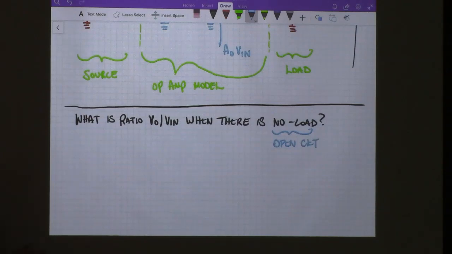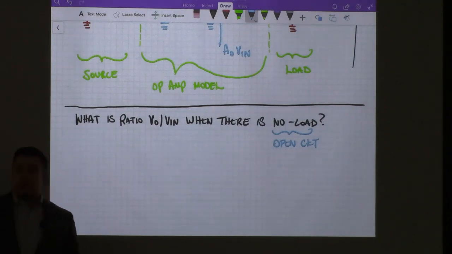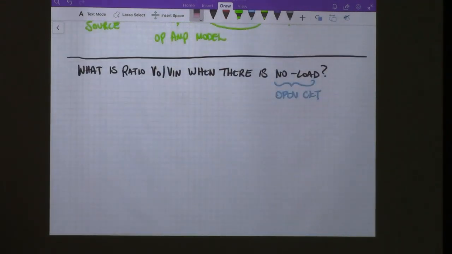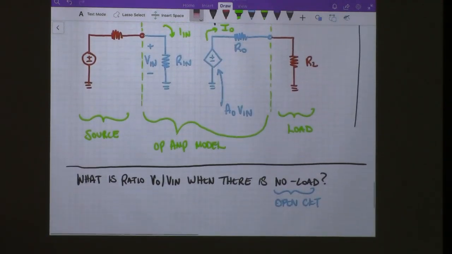This may seem like not necessarily the next logical question to ask, but what does the ratio of the output to the input look like when there is no load resistor and we have an open circuit at the output? For that case, if we use KVL, Vout is right here.